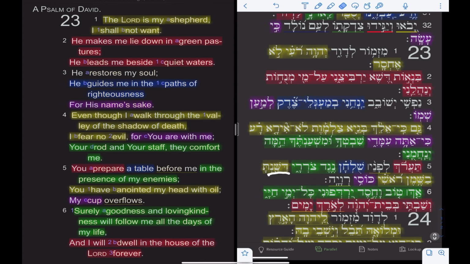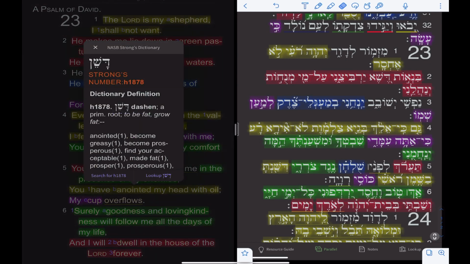Dishanta, so that's you have anointed. Dashan is to be fat or to grow fat. It's also to anoint, right? Because you anoint somebody with the oily fat of the animal. And so here's a good case where the tav is affixed to the end of the word, and it means you have already done it. It's done.